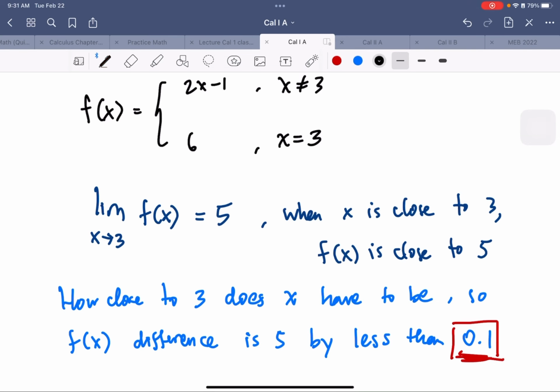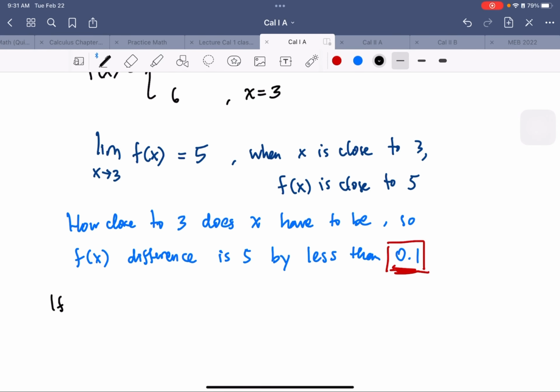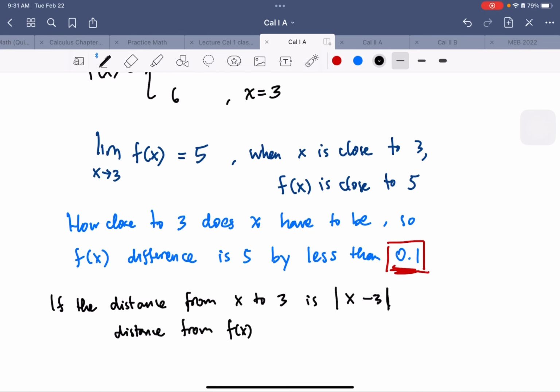Okay. The distance from x to 3, we write in terms of distance with absolute value, and the distance from f of x to 5 is the absolute value of f of x minus 5.